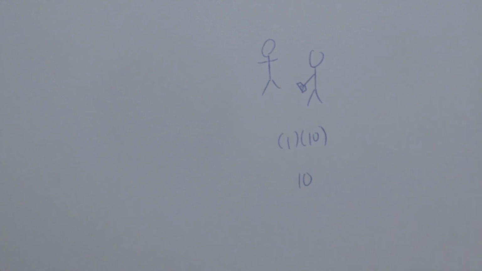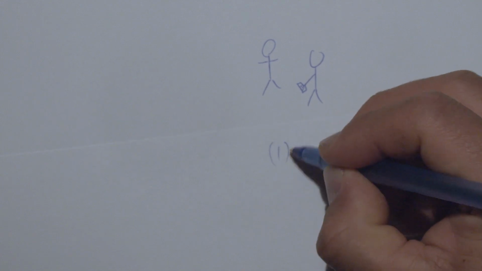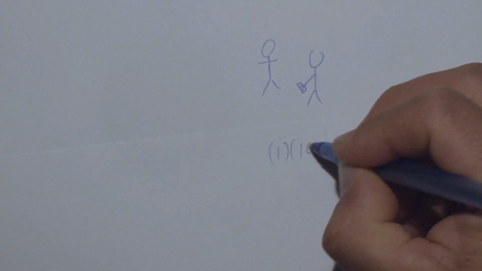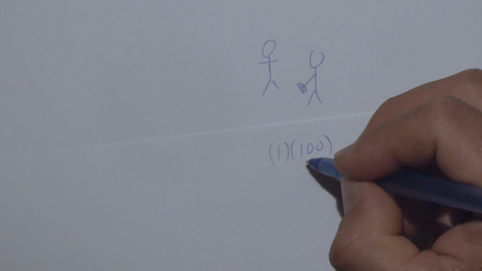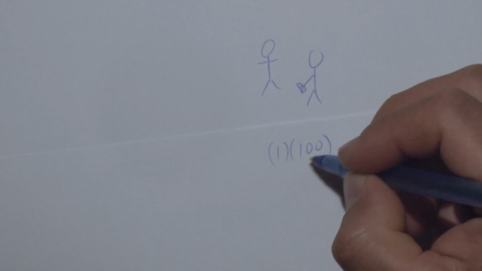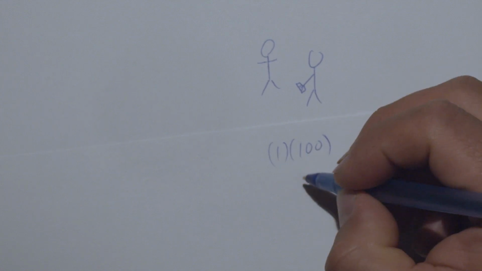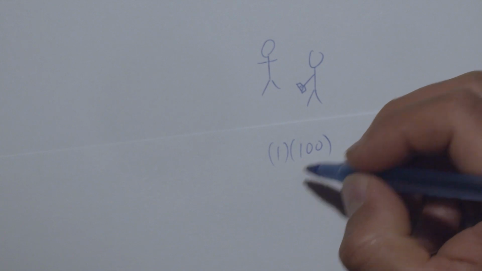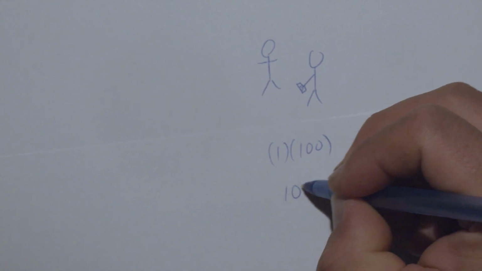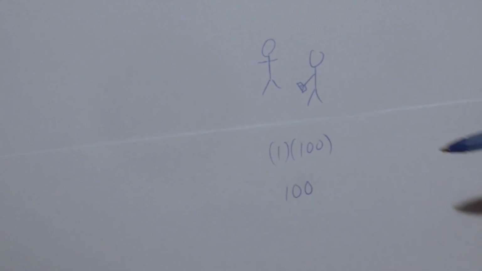$10, right? And if that same situation happened again, but instead of $10, let's say that I gave you $100, but I only gave it to you one time. So 100 times 1, or 1 times 100, right? It's the same thing. You would have $100, right? So 1 times 100 is 100.